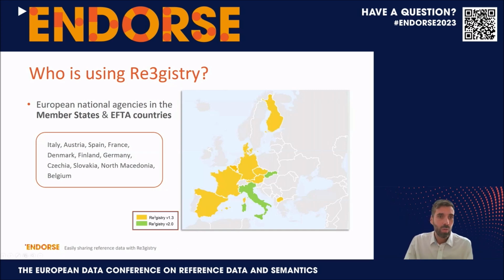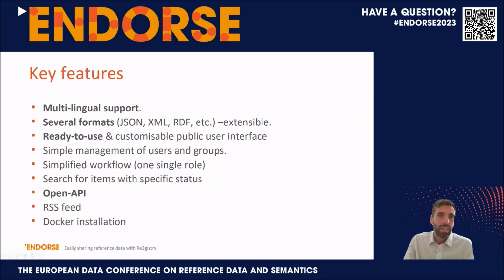So getting towards the end of the presentation, in this slide, I would like to summarize some of the key features of Re3gistry. So multilingual support, the tool is designed to support several languages, upload information in different formats, and it is also extensible, which means that if you want to upload a PDF file, you can customize the tool and you can do it.